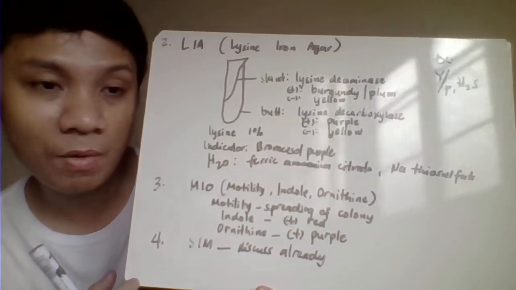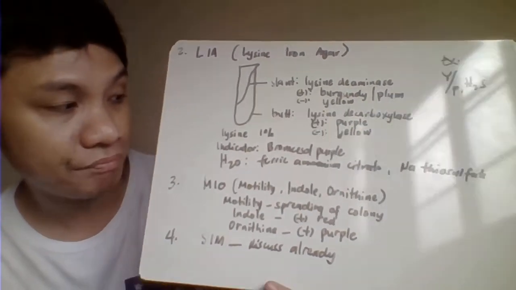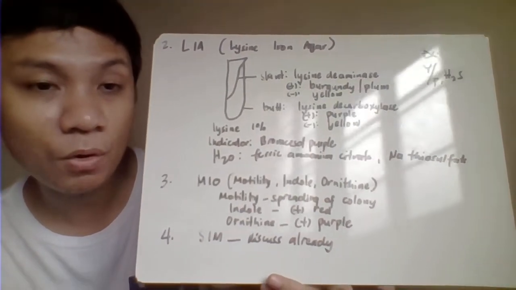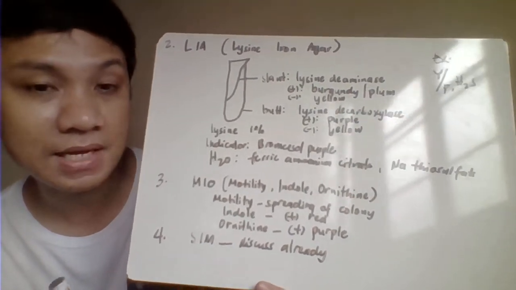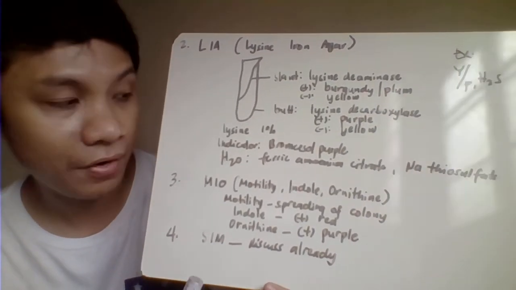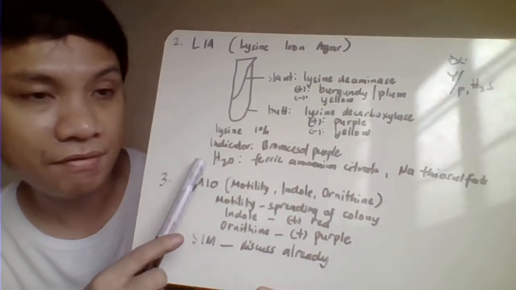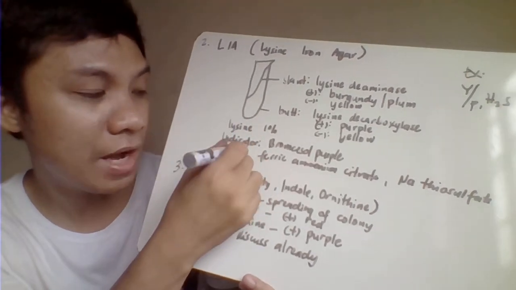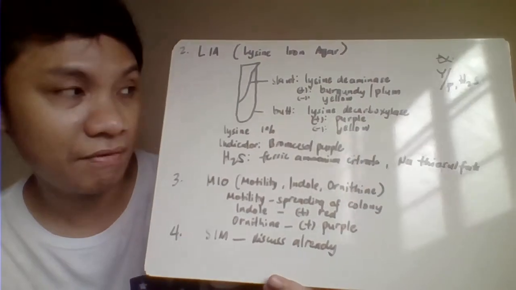So you could identify that one with your butt and slant area. The lysine incorporated for this one is 1%. You have glucose also being incorporated here. Indicator, we use here bromocresol purple. And we have also here the H2S production, for which we are using ferric ammonium citrate plus your sodium thiosulfate.